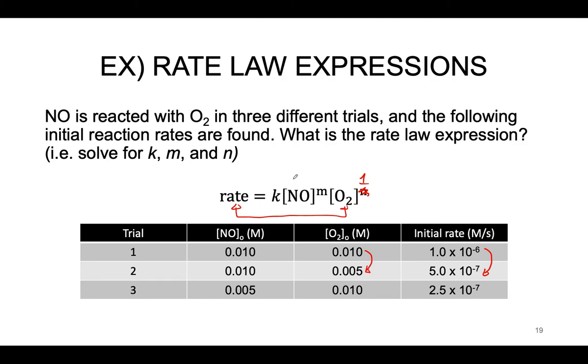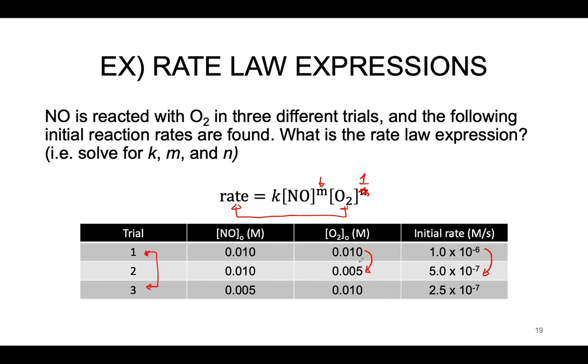Next, we're going to have to change our focus, turn our attention to the nitrogen monoxide to find what the rate order M is equal to. In other words, how does the concentration of the nitrogen monoxide impact the rate of the reaction? How we find this is, as I pointed out earlier, observe trials 1 and 3.